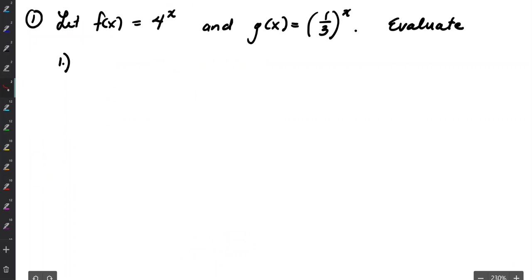All right, so question 1 says let f of x be 4 to the x, let g of x be 1/3 to the x, and they ask us to evaluate a variety of function values. We're going to do a few of them. The first one is g of 0, right?